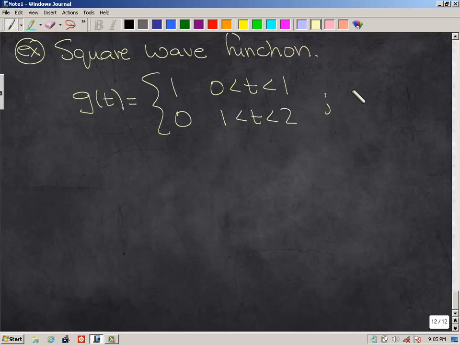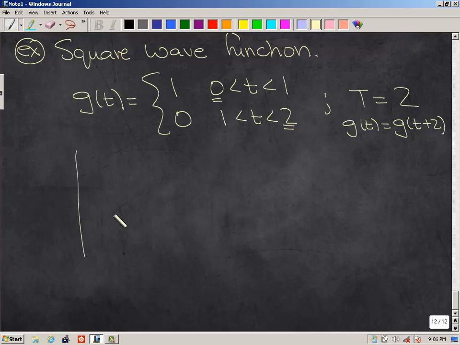And they've told us that the period of this function is 2. What does that mean? That means g of t is equal to g of t plus 2. So every 2 units it's going to repeat itself. All I need to do is, 0 to 2, that's 2 units. So once I graph this, I just need to repeat that graph again and again.